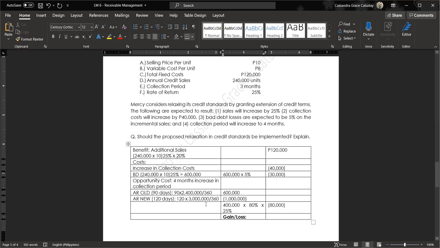So 120 multiplied by 3 million divided by 360, it became 1 million. Then we subtract the previous average collection: 600,000 minus 1 million, we have 400,000.